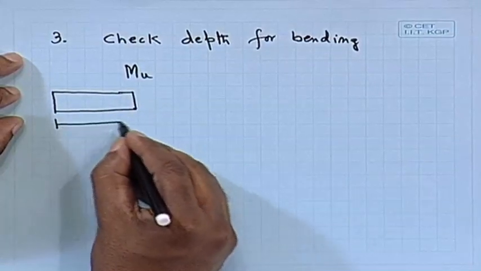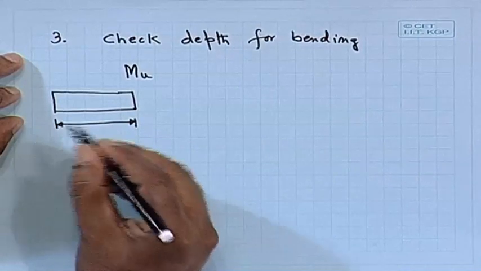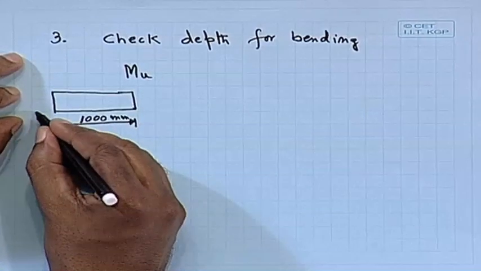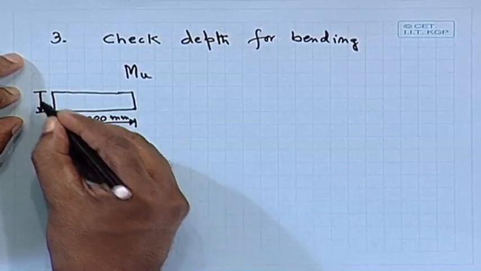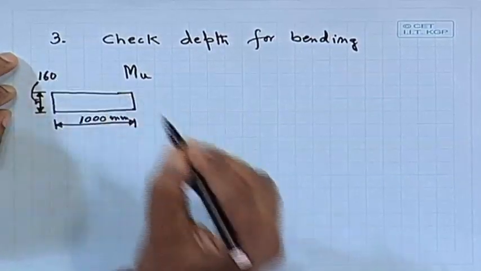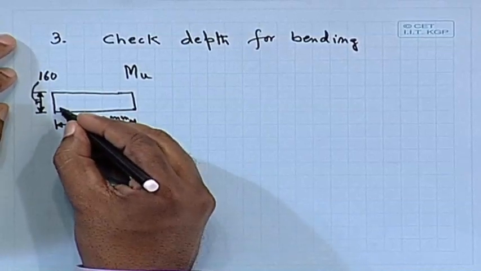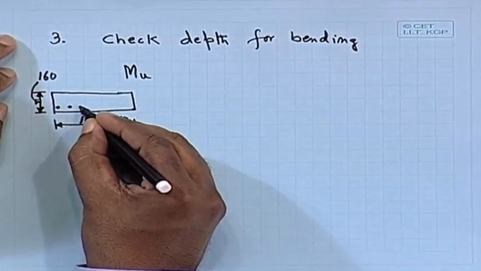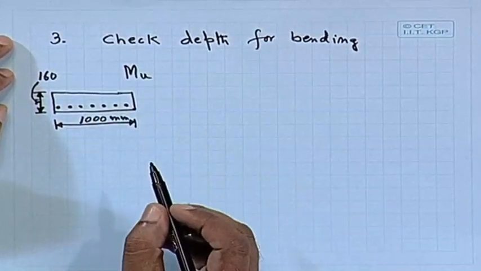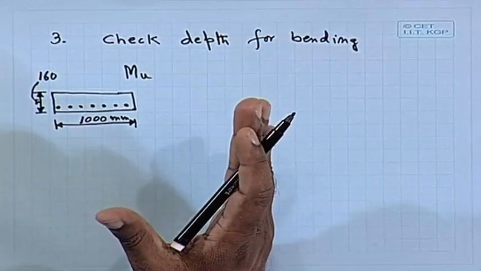The only difference is that we are taking 1 meter, that means 1000 millimeter, and this is your overall depth, which is 160 in our case. We have to provide the reinforcement in the slab. So, we are taking the rectangular slab as a rectangular beam of 1 meter width, and depth we have assumed 160 millimeter, and we have to check whether that is sufficient.